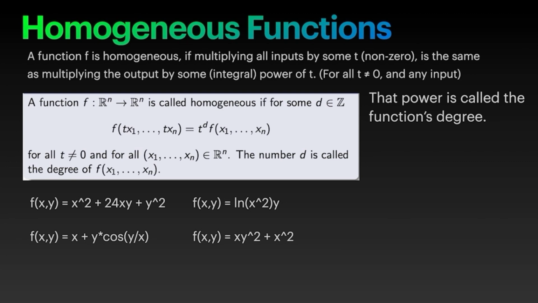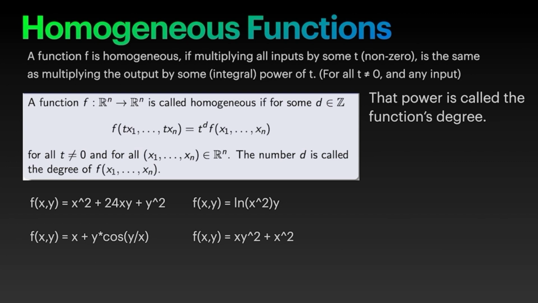Now you can take t squared common from each of these terms, and you are left with the original function. Hence, f of tx comma ty equals t squared into f of x comma y. So this function is homogeneous and its degree is 2.